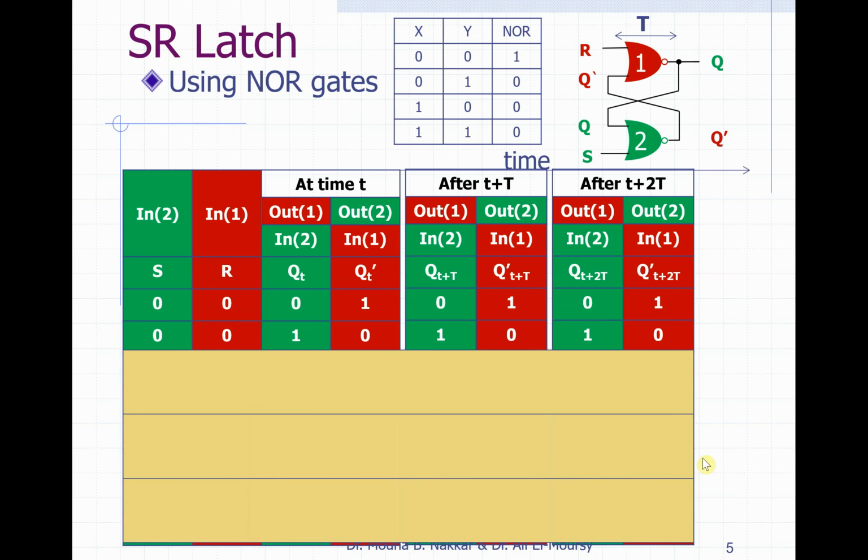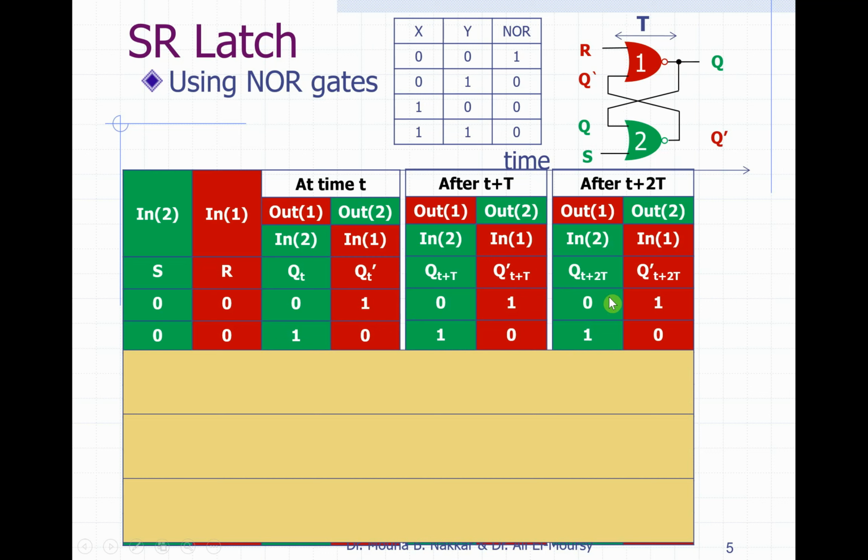So we can go and check. When S and R are both zeros, there are 2 values of Q, either Q equals 0 or Q equals 1. After 2 tau we notice that if originally Q is 0, it will remain 0. If Q is originally 1, it will remain 1. That means the circuit from inside does not change the stored value.